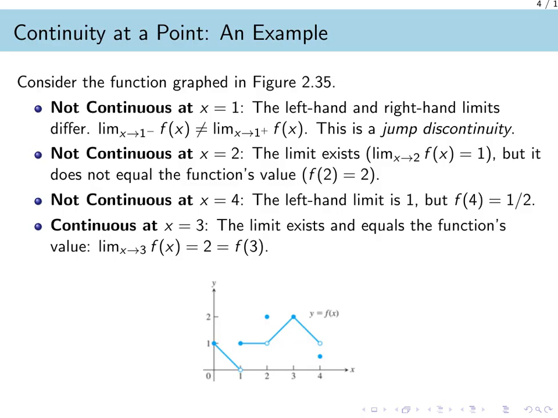In contrast, at x equals 3, the graph is unbroken because the limit as x approaches 3 is 2, and the function's value, f of 3, is also 2. For a function to be continuous at a point, its limit must exist, and that limit must equal the function's actual value right at that point.